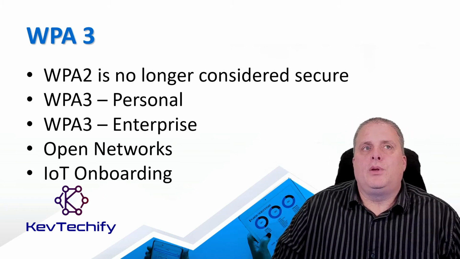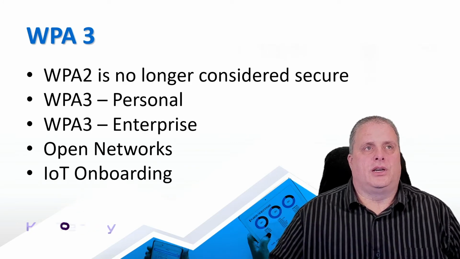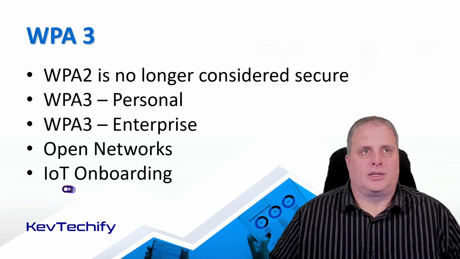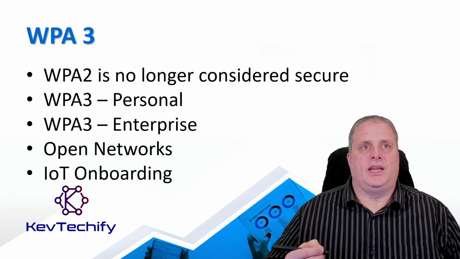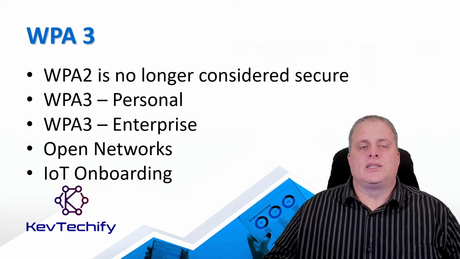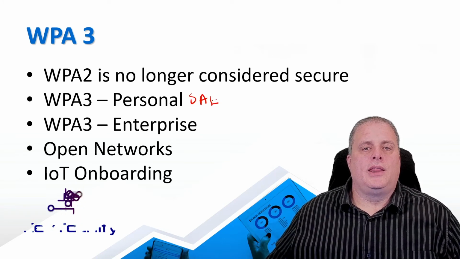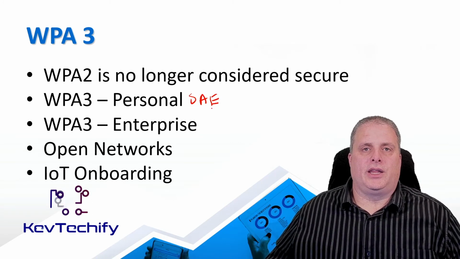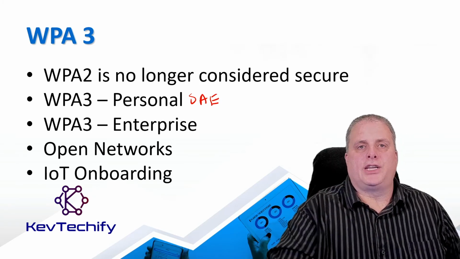And so when we have WPA3, there's a couple different methods here. We have personal and enterprise. The personal one here uses something called SAE, simultaneous authentication of equals. And what that does is a lot of times when somebody attacks your network, they use a brute force attack. They try to logically throw numbers at you, random numbers.